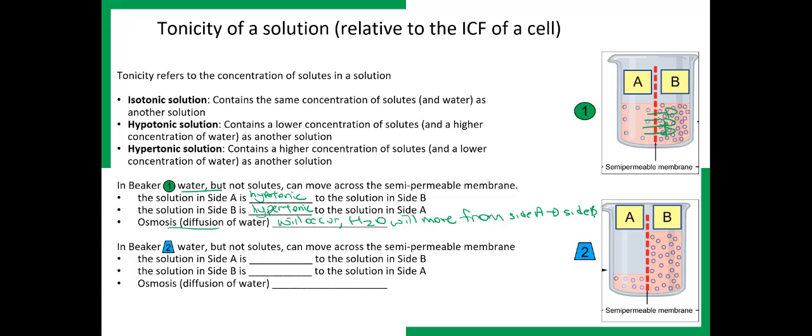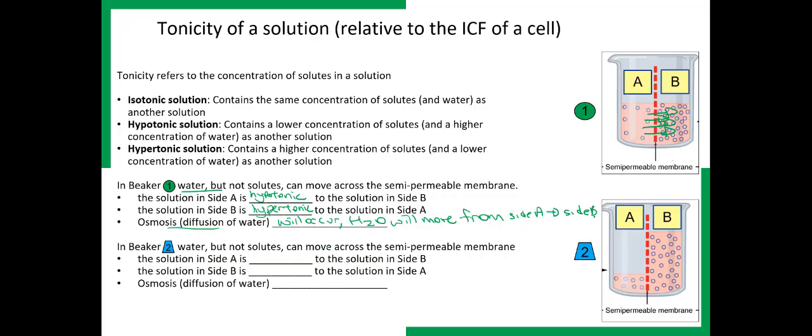The purple dots don't move. It's the water that will move from side A to side B. In beaker 2, water, again, but not solutes, can move across the semi-permeable membrane.